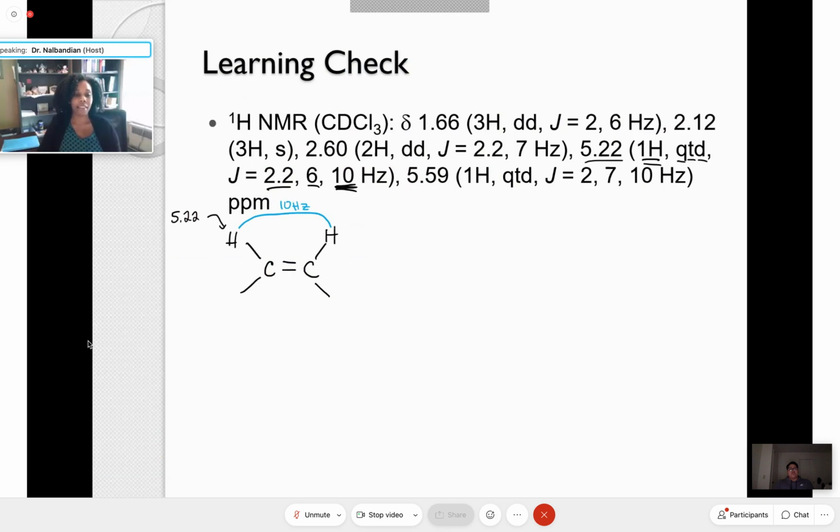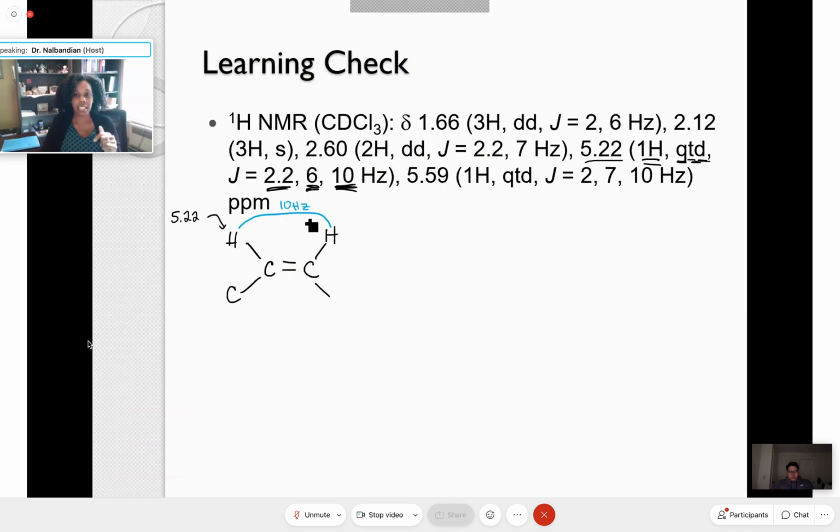So now we have non-coupling. If you're looking at your sheet, what is the non-coupling? It's on a carbon directly beside the carbon that has that hydrogen on it. And so here, we can add in a carbon there, and we have some number of hydrogens there. So we can either put a quartet or we can put a doublet. How do we know which one we would put here? Let's go back and think about the other side of 2.2 and 6.